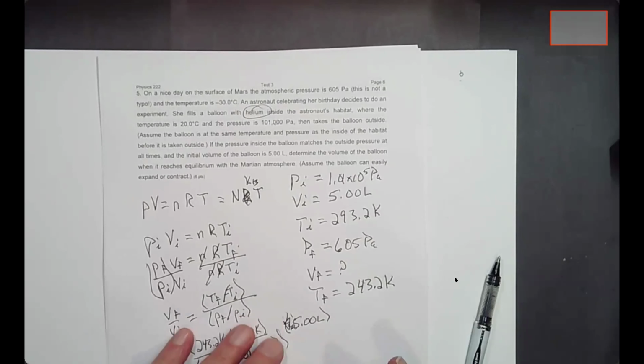Okay, that was number 5. Also have a request for number 4. We have a glass flask for which the volume is 1000.00 centimeters cubed at 0 degrees Celsius, filled exactly level with mercury at that temperature.